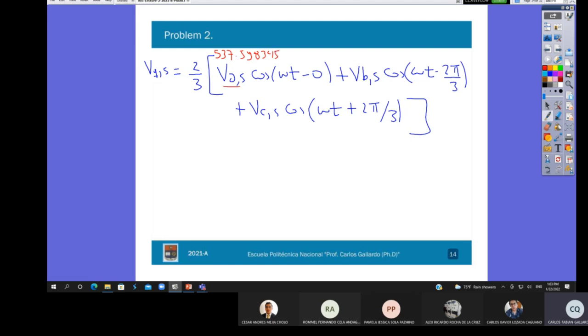This is this phase. Because I am analyzing the steady state condition, the time is equal to 0, because this term is equal to 0.